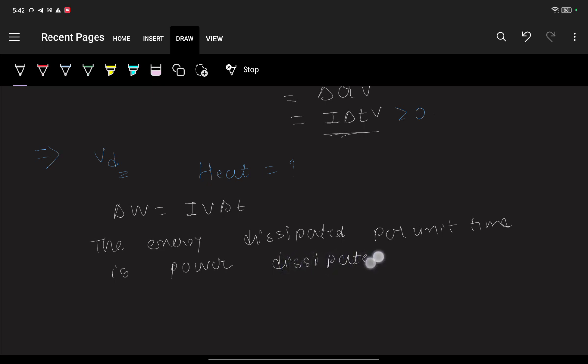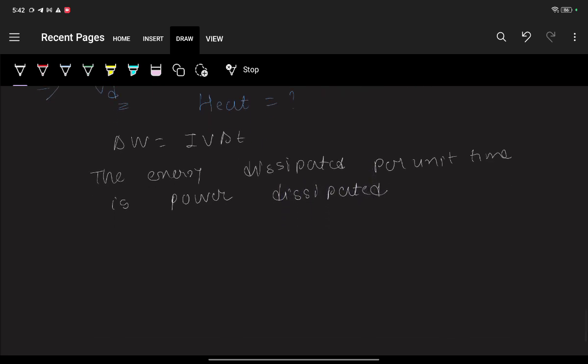Power is nothing but work done per unit time, right? So power is given by delta W by delta T. Here delta W is IV delta T, upon delta T, which will give us current into voltage. So power is given by VI.